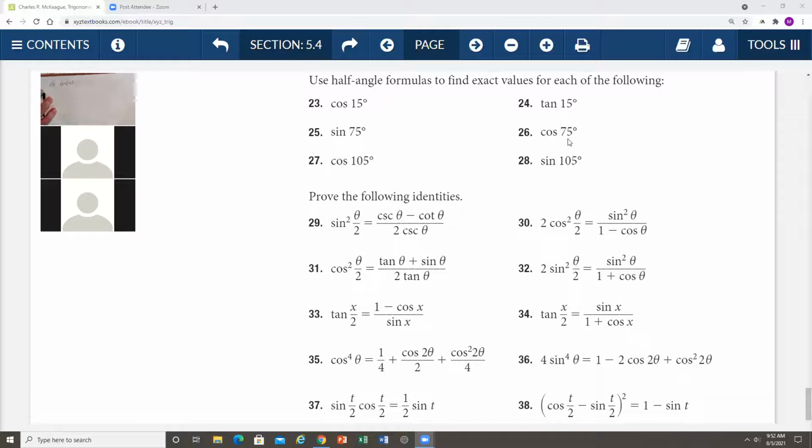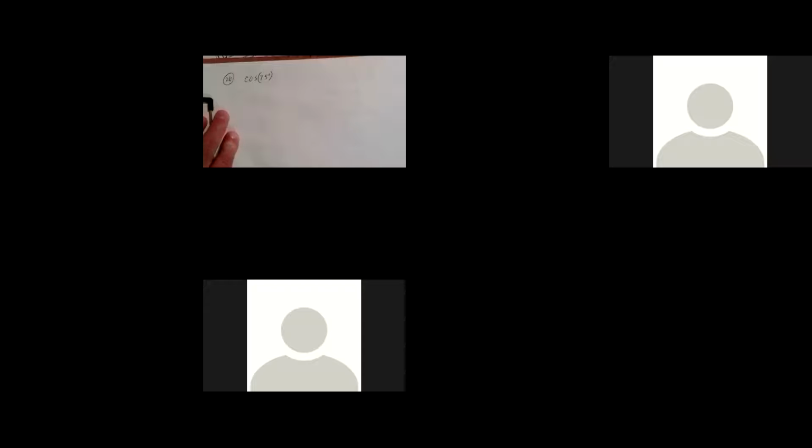Well, 75 degrees is not one of our nice angles we're accustomed to working with. So we have to think to ourselves, how does 75 degrees relate to one of our nice angles, either our 30, 45, or 60 degree angle? Is there any relationship? 30 plus 45.